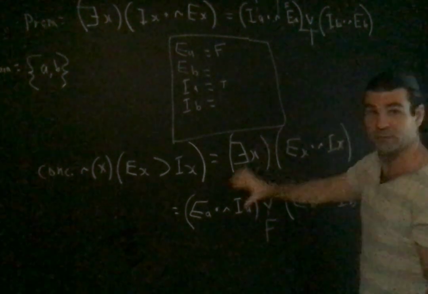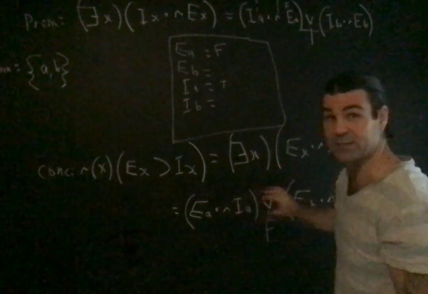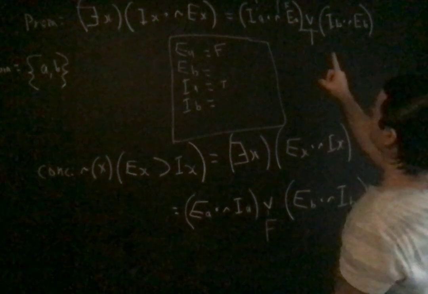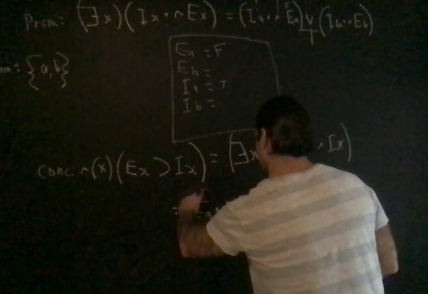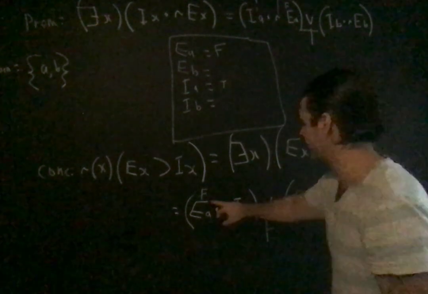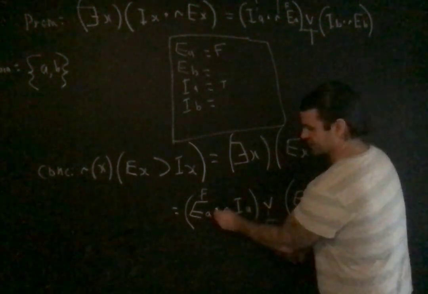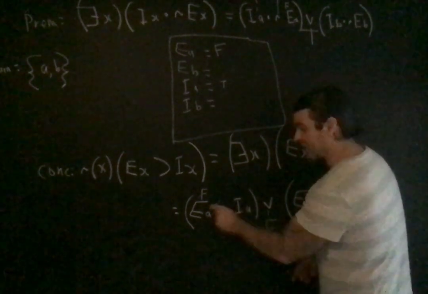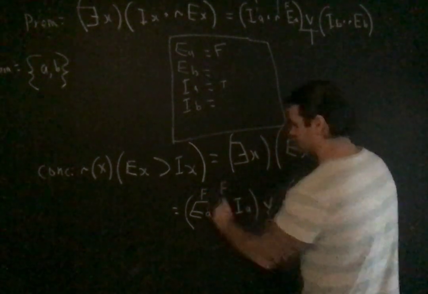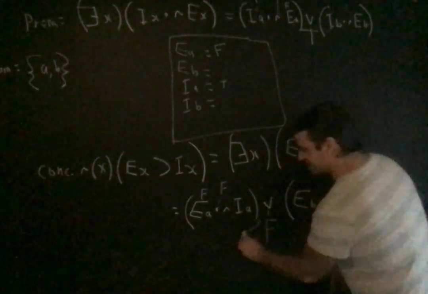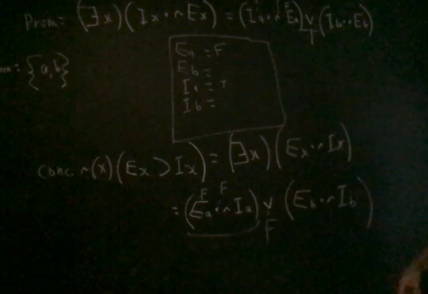Now, with that assignment, can I consistently make the conclusion false? Yeah, I can. I made EA false, so that makes that false, right? EA is false. This is a conjunction, so the falsity of this conjunct is sufficient for the falsity of the conjunction, so the falsity of this disjunct overall.